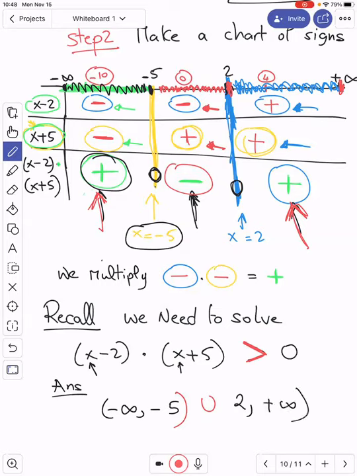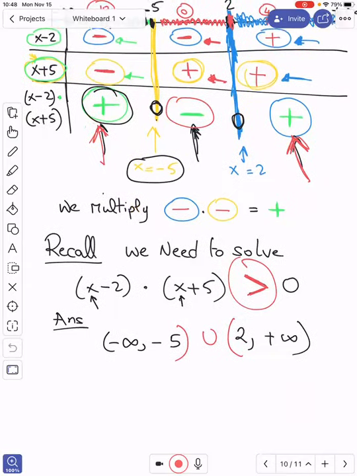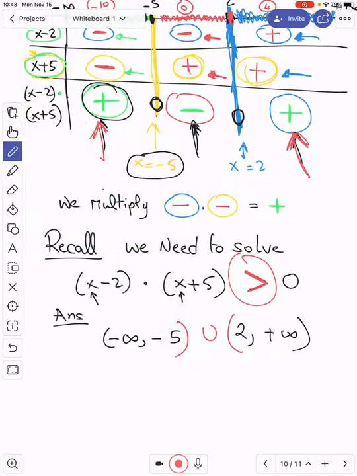And the same thing here for 2. We have to exclude the +2 because it's strictly larger than 0 and cannot be equal to 0. So here both -5 and +2 are excluded.